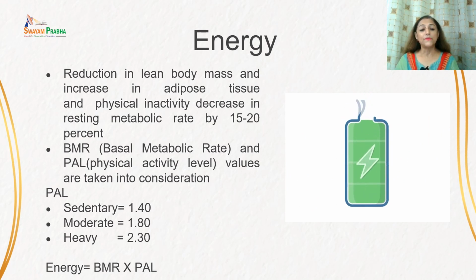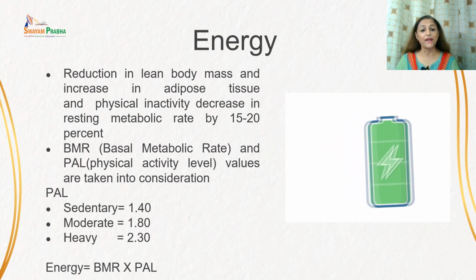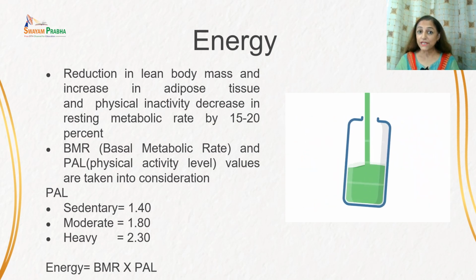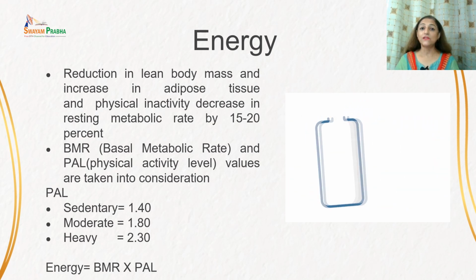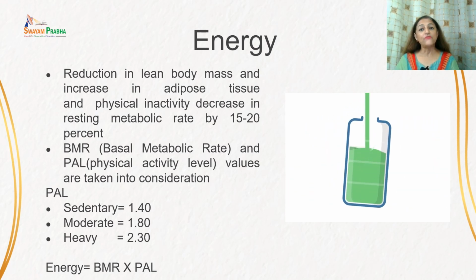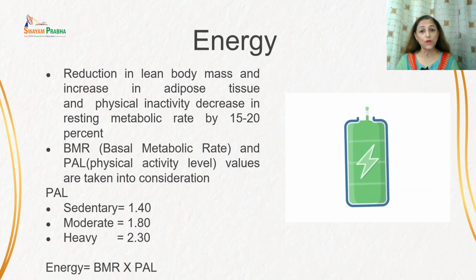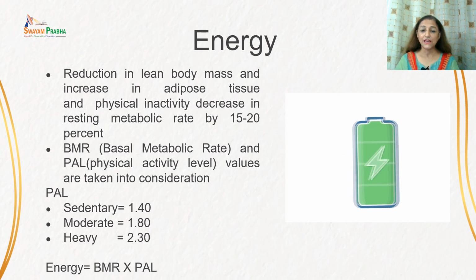The associated figure with sedentary activity is 1.40, for moderate it is 1.80, and for heavy worker it is 2.30. If we are going to calculate the energy requirements for a sedentary worker, we will first see what is the BMR level and we will multiply it with 1.40 to estimate the energy requirements.